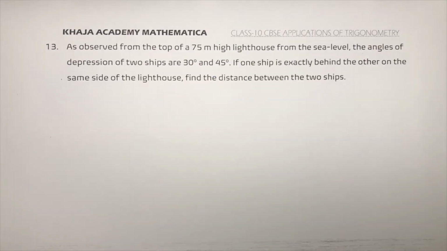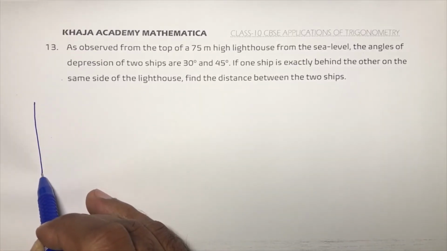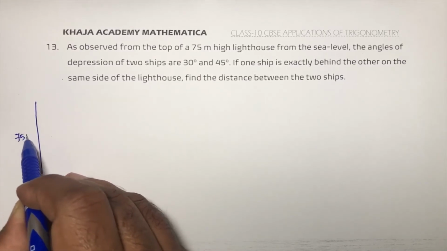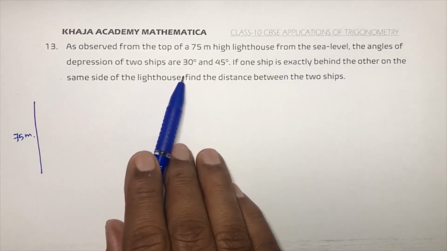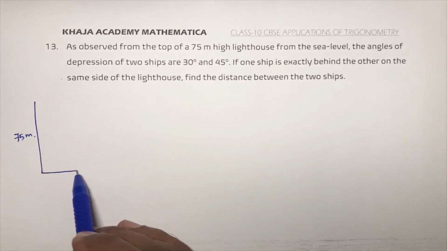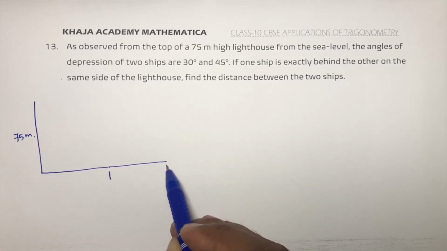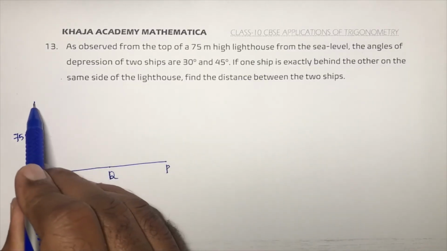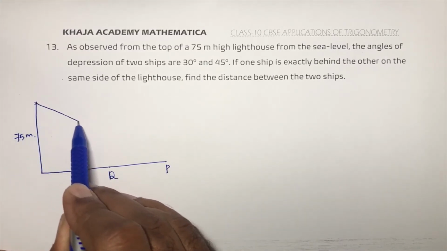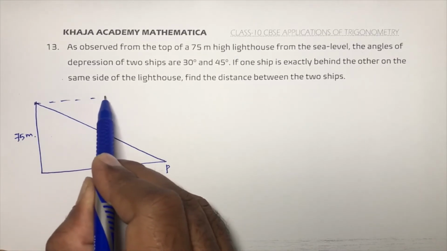As observed from the top of a 75-meter high lighthouse, from the sea level, the angle of depression of two ships are 30 and 45. So they observe two ships P and Q. I'll draw the horizontal surface.